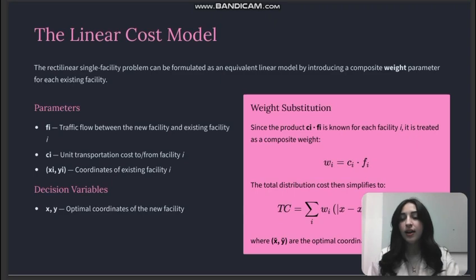Xi and Yi are the coordinates of existing facility i. And we have our decision variables as x and y. Here you can see that the product of Ci and Fi is shown as composite weights. And the total distribution cost can be seen as this formula. In this formula, the x and y values that you can see are the optimal coordinates for the facility that we want to open.